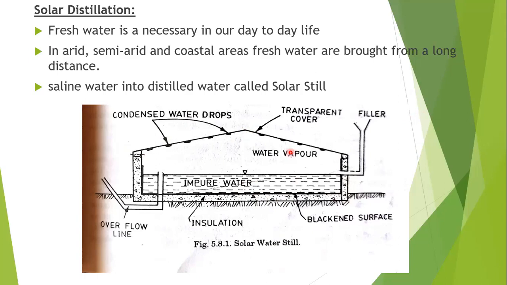It is in the form of a roof-like shape, like a house roof. The cover is usually made of glass, though it can be made of plastic, and it is sloped towards the collection trough.